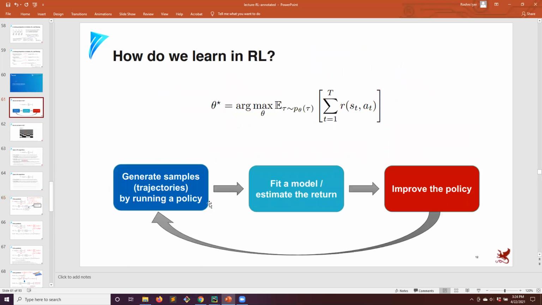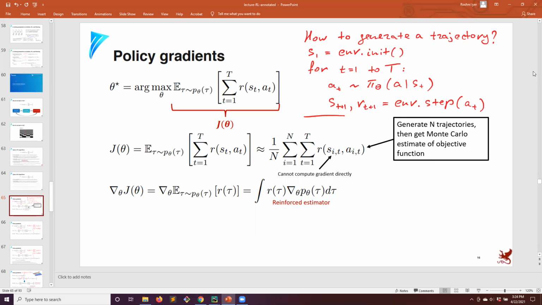So let's follow the first step, which is generating these trajectories. How we do that is pretty simple. We first start with S1, the initial state, and then for all of the time steps, we follow the policy. We run that, and then we get this action, and then we get to the next state, and we accumulate this reward. And so we can do that to generate a bunch of trajectories.